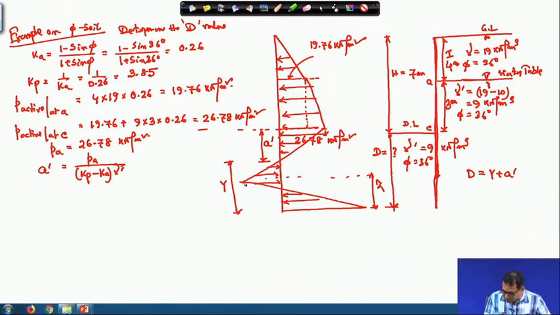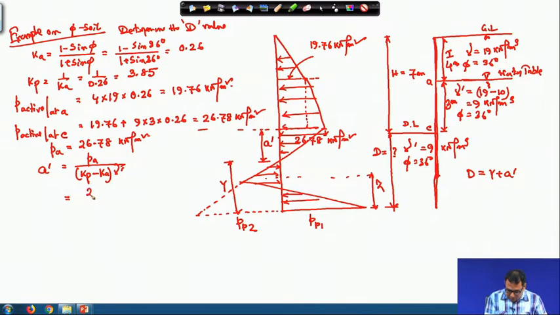Okay, and I have to extend this to determine the PP1 and PP2. So, this is PP1, this is PP2. So, A dash is Pa divided by Kp into Kp minus K into gamma dash.